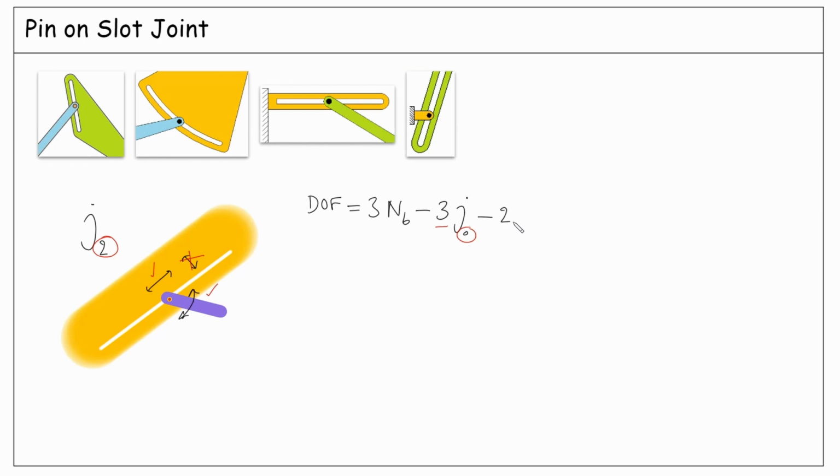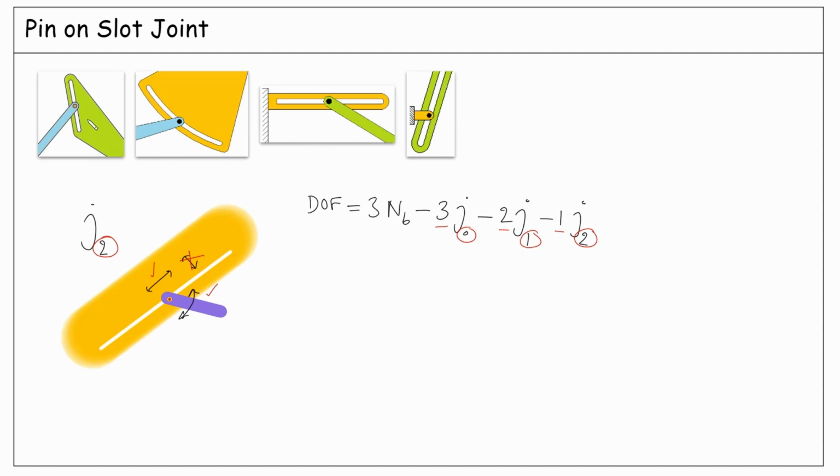Minus 2 times J1, because, for example, a revolute or a prismatic joint that permits 1 degree of freedom takes 2 degrees. Minus 1 times J2, because, for example, a pin on a slot joint that permits 2 degrees of freedom takes 1 degree.